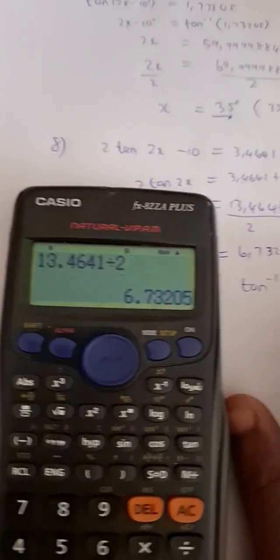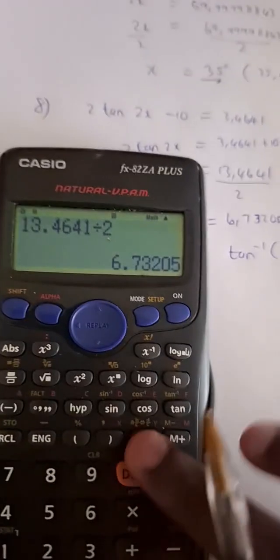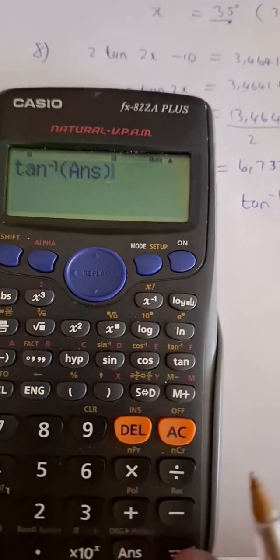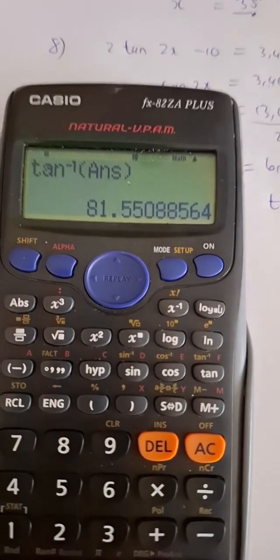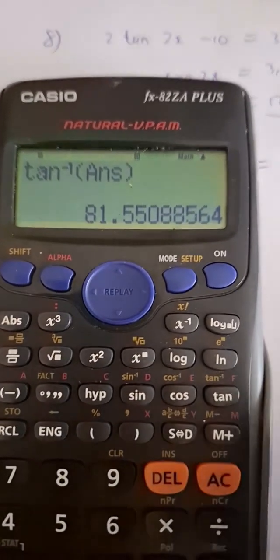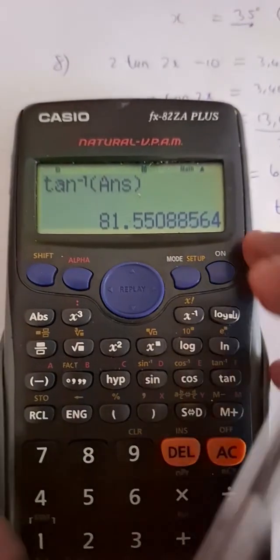Shift arc of tan, and the answer there was 81,55.